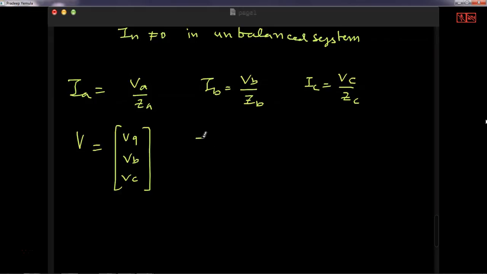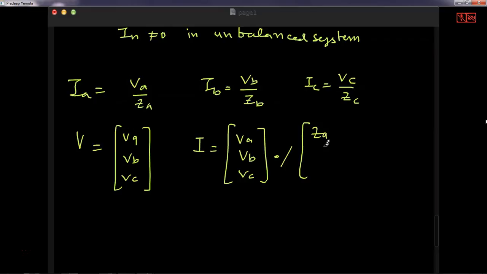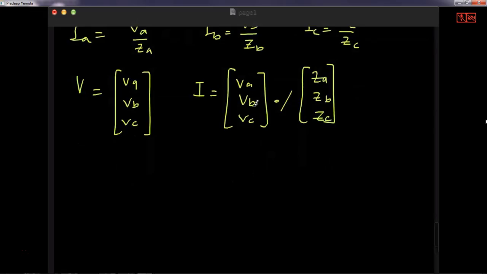So I equal to VA, VB, VC dot slash ZA, ZB, ZC. So this is nothing but element wise division. So VA by ZA, VB by ZB, VC by ZC. I'll get the currents.